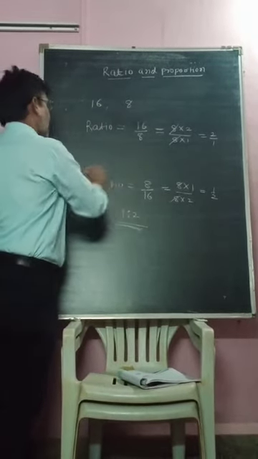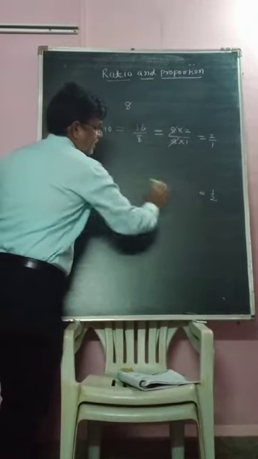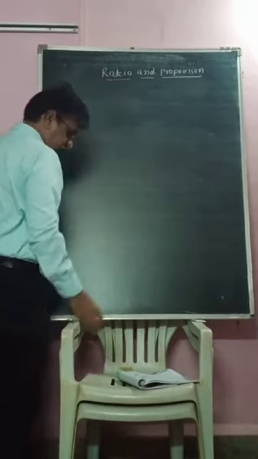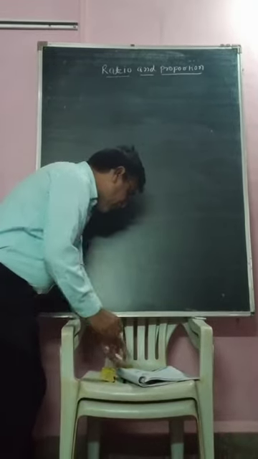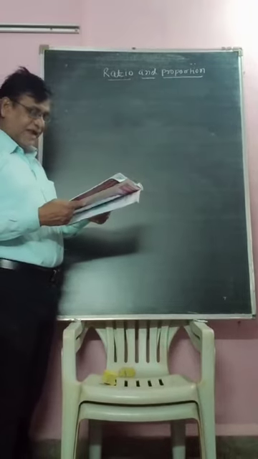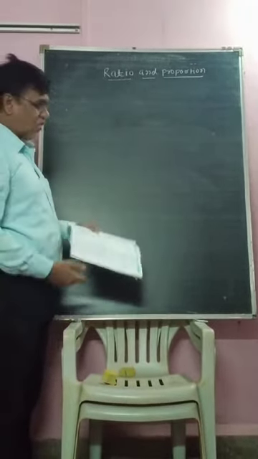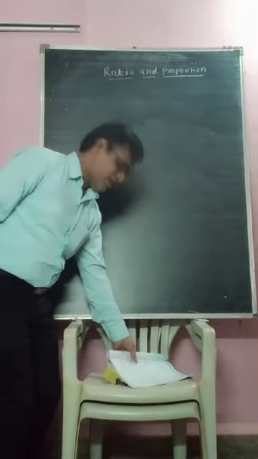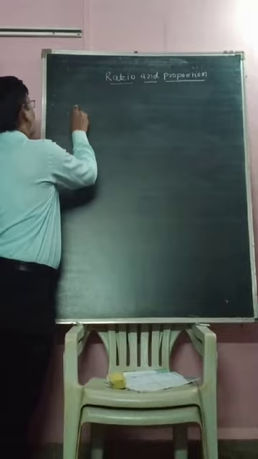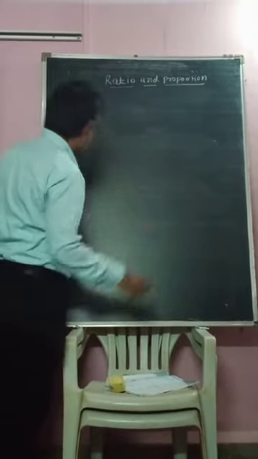Now, here in 4.1, the first question is there. Now we start the first question. The first question is: find the ratio of the first number to the second number from the given pairs of numbers in the reduced form, means in a simple form. The first question is given here, 72 and 60.